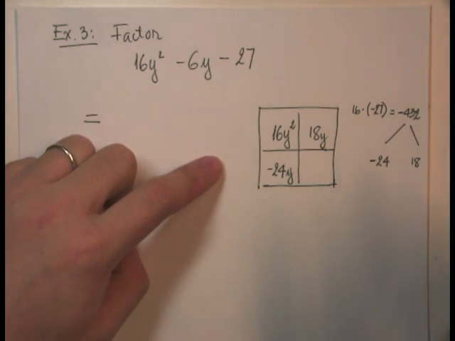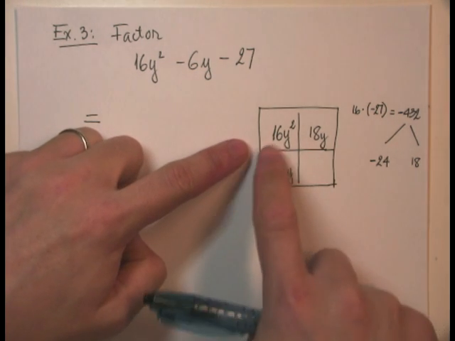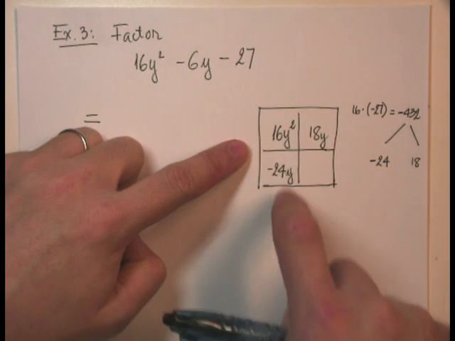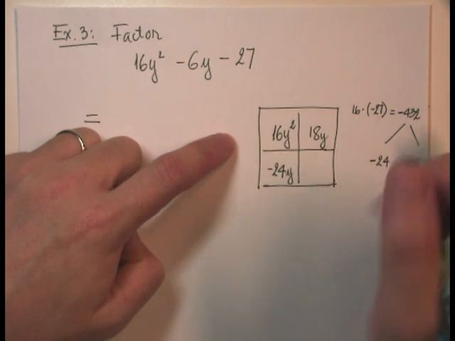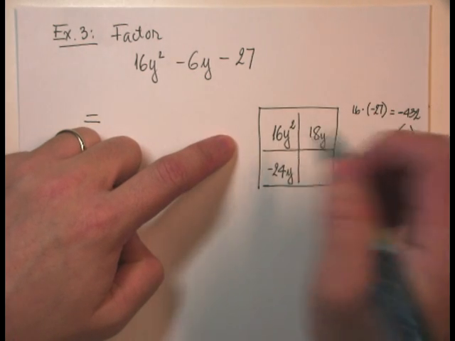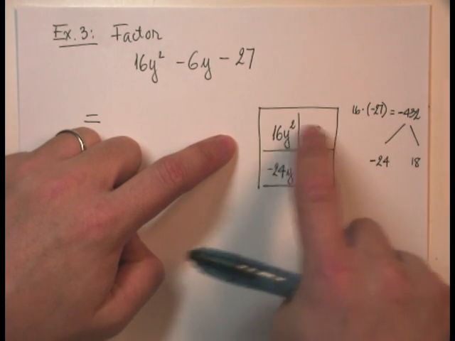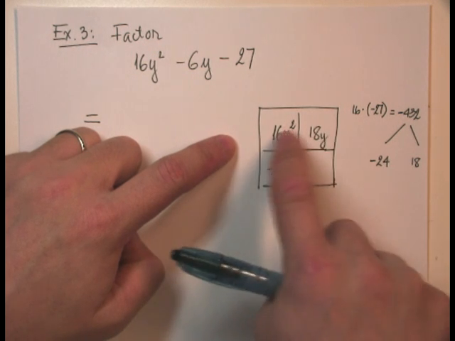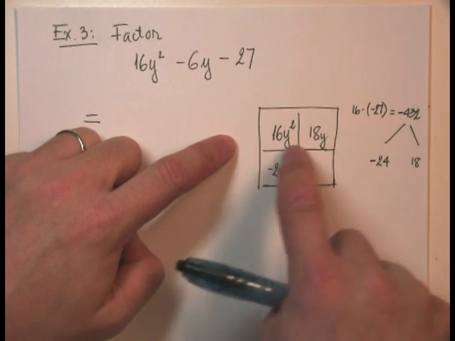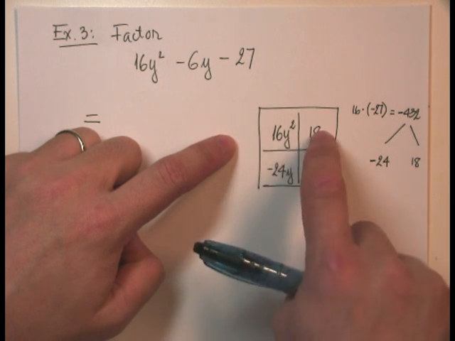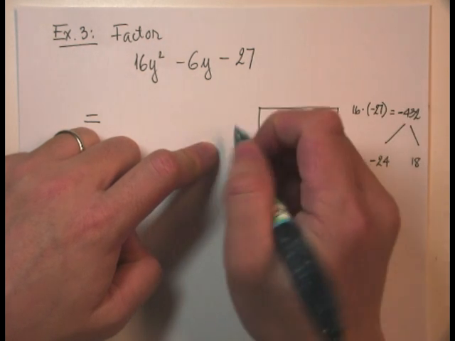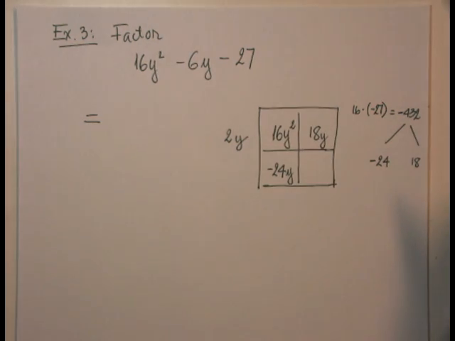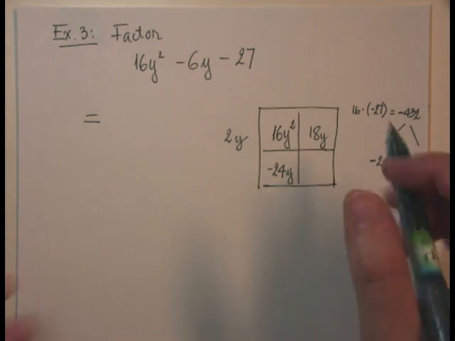And so now, as soon as I've filled out 3 entries on my square, I am ready to find my factors. If you look at the 2 entries of the top row, what I'm seeing is the GCF of these 2 entries is 2y.